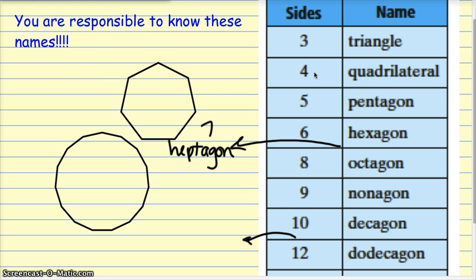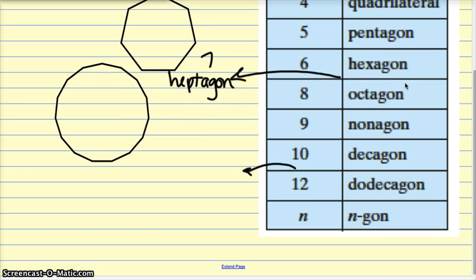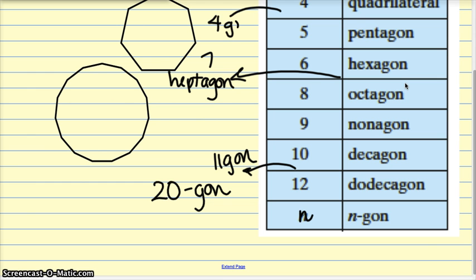And if you're anything higher than 12, you can just refer to it by its number of sides. So if it were something that had 20 sides, you'd call it a 20-gon. So we could call something with 11 sides an 11-gon. We don't refer to a quadrilateral as a 4-gon because it actually has a name. So the number followed by the gon is only used for things that don't have an already recognizable name.